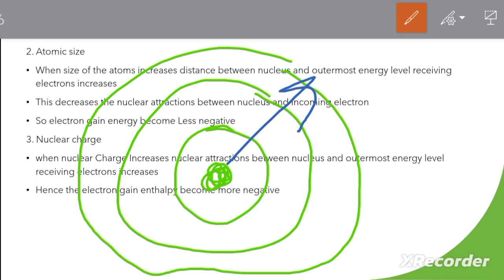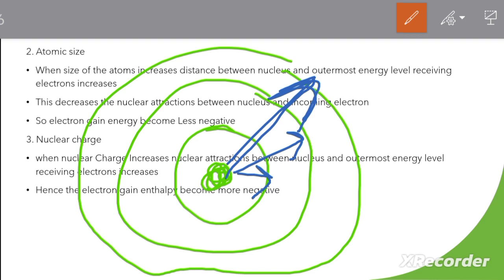Nuclear attractions become low. For the first energy level there are more attractions, here it becomes less than this, and for the outermost energy level even less attraction is there.